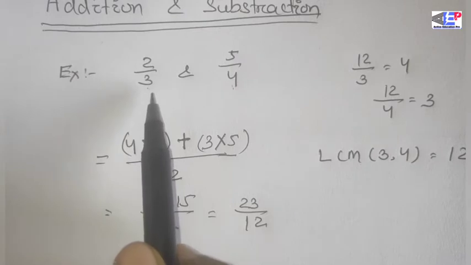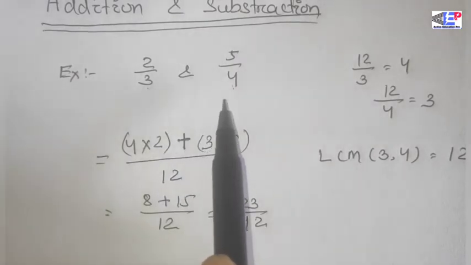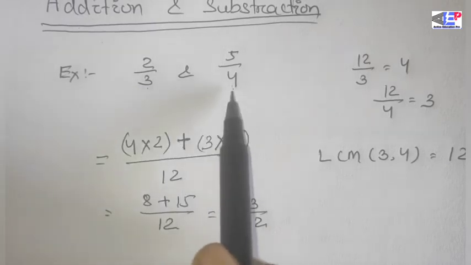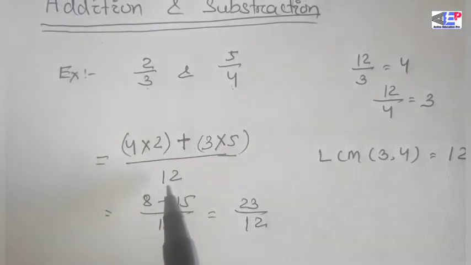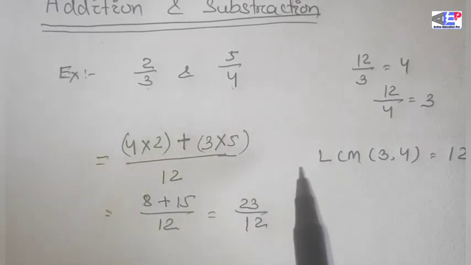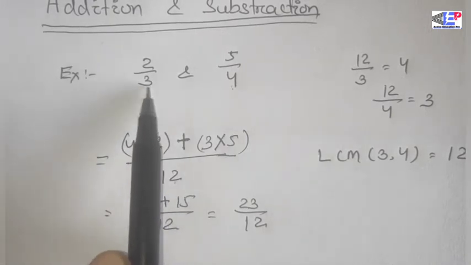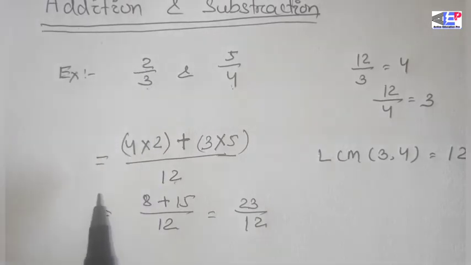Again we repeat it. In this case, both the denominators are different from each other. In the first rational number, the denominator is 3 and in the second, the denominator is 4. So first we have to take the LCM of both denominators. The LCM of 3 and 4 is 12. The first step is to divide the LCM by the denominator and multiply the quotient with the numerator.